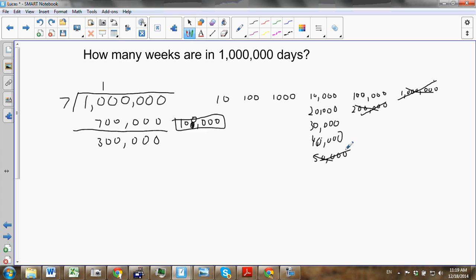So we're going to take out 40,000 sevens, and we're going to put a 4 in the 10,000s place up there. So 40,000 sevens is 280,000, and that leaves us with 20,000.